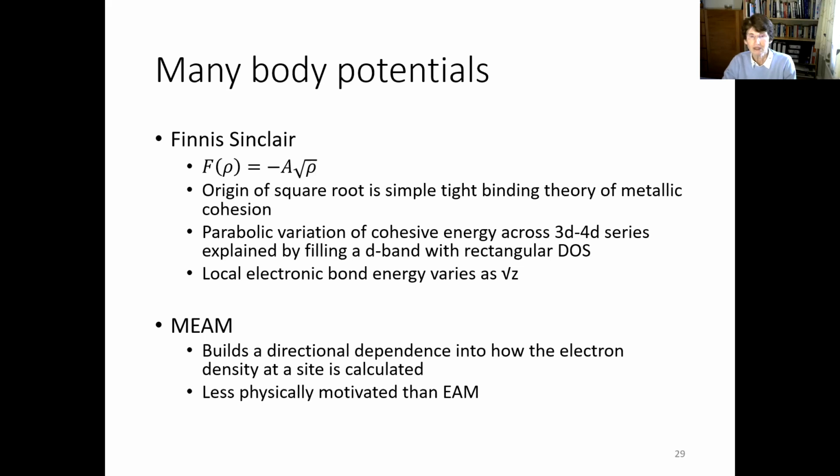There are some limitations, because for some BCC metals this gives you no directionality at all. This only depends on the number of neighbors. So in order to put in directionality, which some body-centered cubic metals have, you have to modify this. And now there are these types of potentials for all types of metals, and they're really successful.